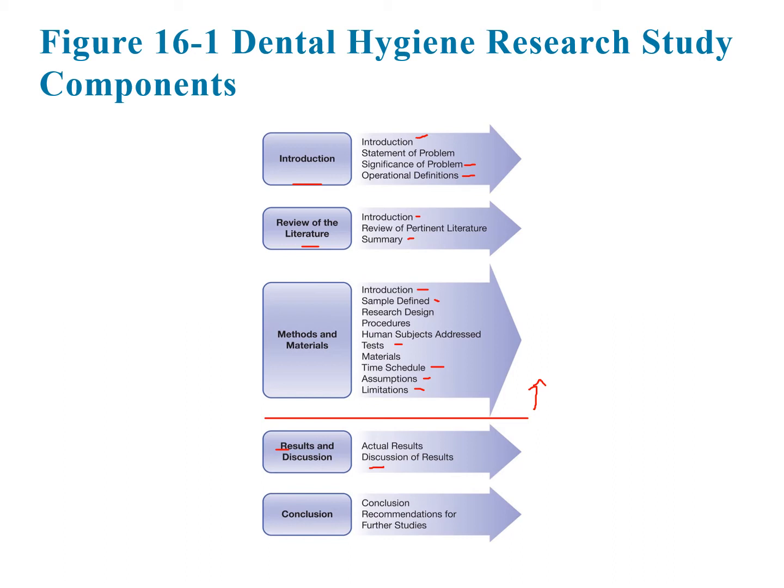So you say, based on the information we have here, we think that floss picks are more effective than string floss, or whatever the data tells you. Sometimes the data tells you that there is no difference between string floss and floss picks, and that's okay. In that case, the null hypothesis was true, and you have to accept it.